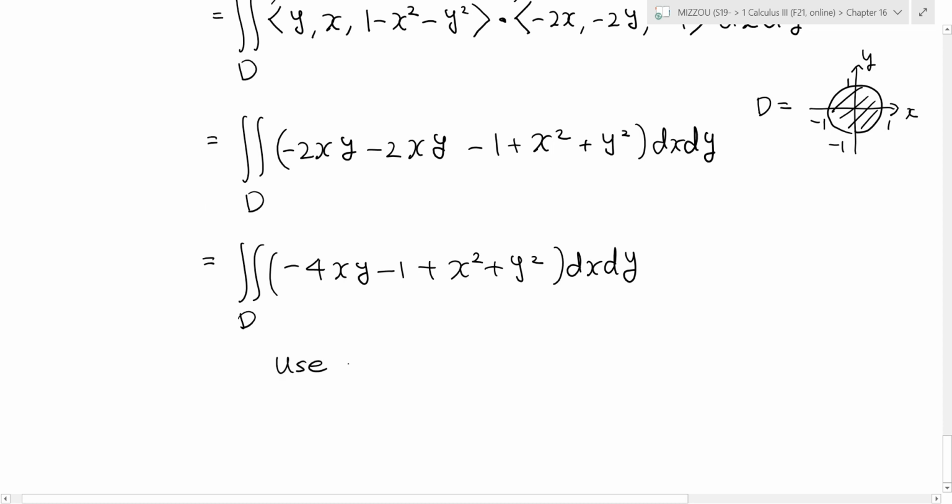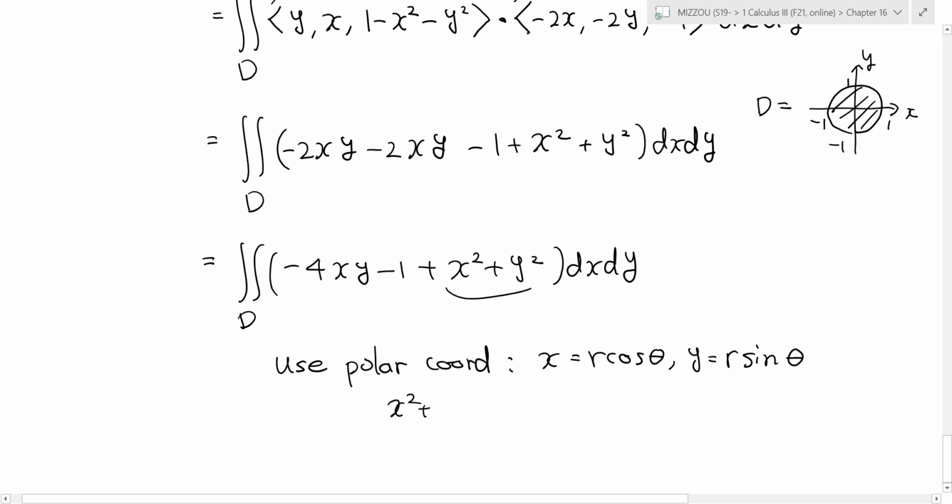So since it's over the disk, what you do is use the polar coordinates as usual, namely x is r cosine theta, y is r sine theta, and here x squared plus y squared is always r squared. That's part of the formulas for the polar coordinates.